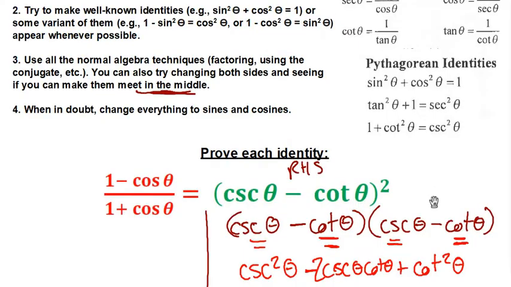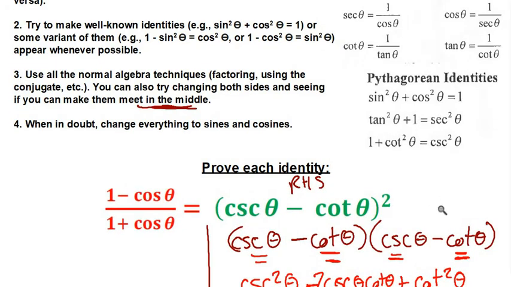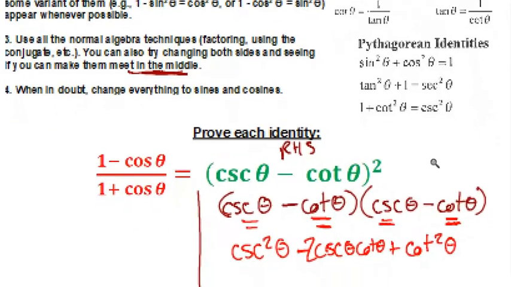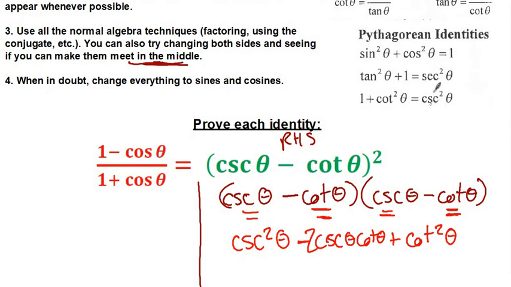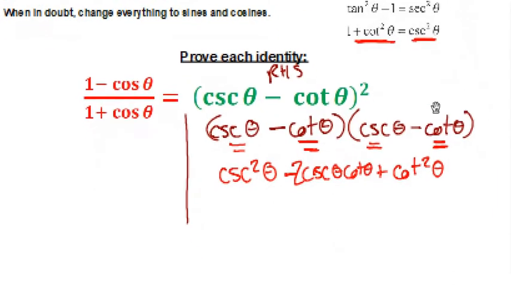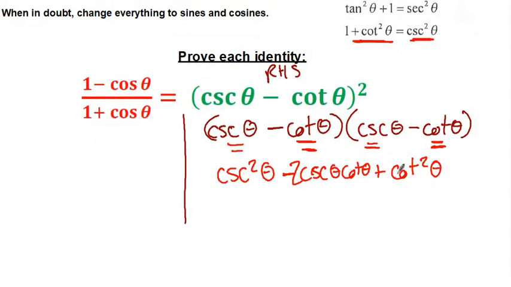Well, strategy number 2 says try to make well-known identities appear. And of course if you look at these Pythagorean identities, there is one for cosecant squared. Is this one 1 plus cotangent squared? So let's see if we can make something out of that.